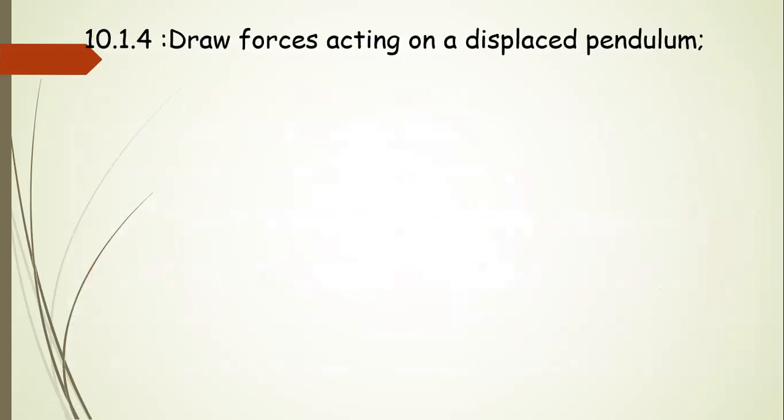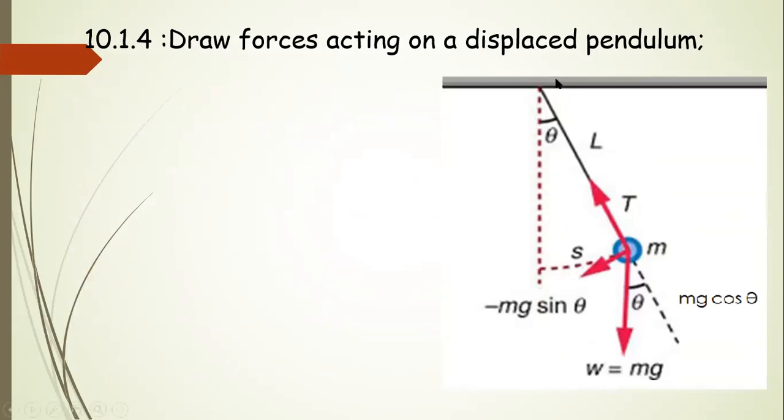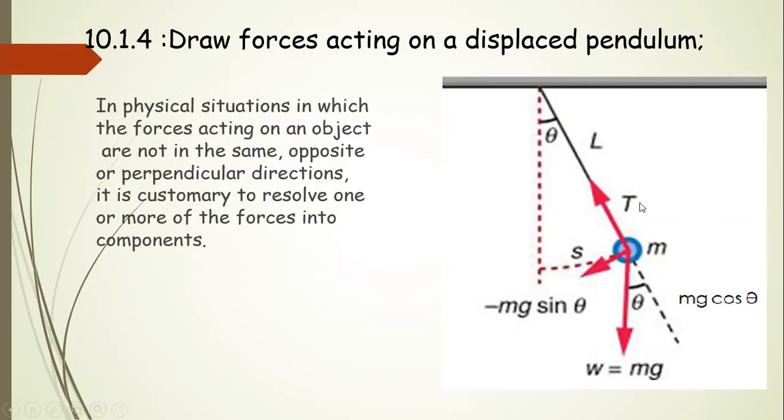This is actually our SLO: draw the forces on a displaced pendulum. So, this is the mean position, this is the bob of the pendulum that is displaced till here. You can see the weight acting downward, W is equal to mg. This is the tension in the string, this is the angle it is displaced, and this is the length.